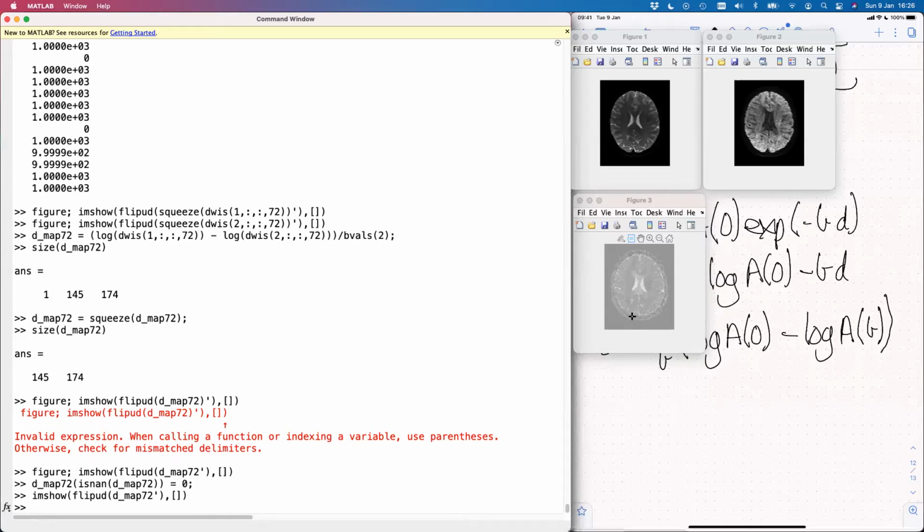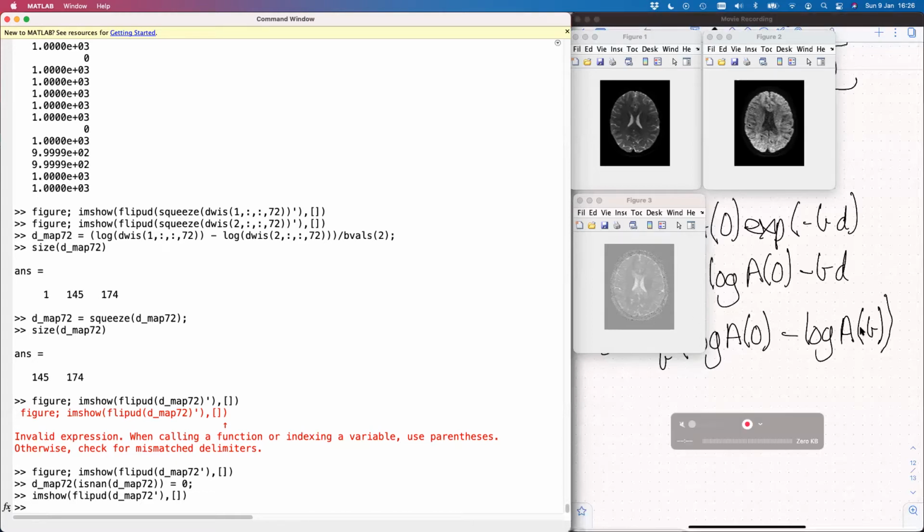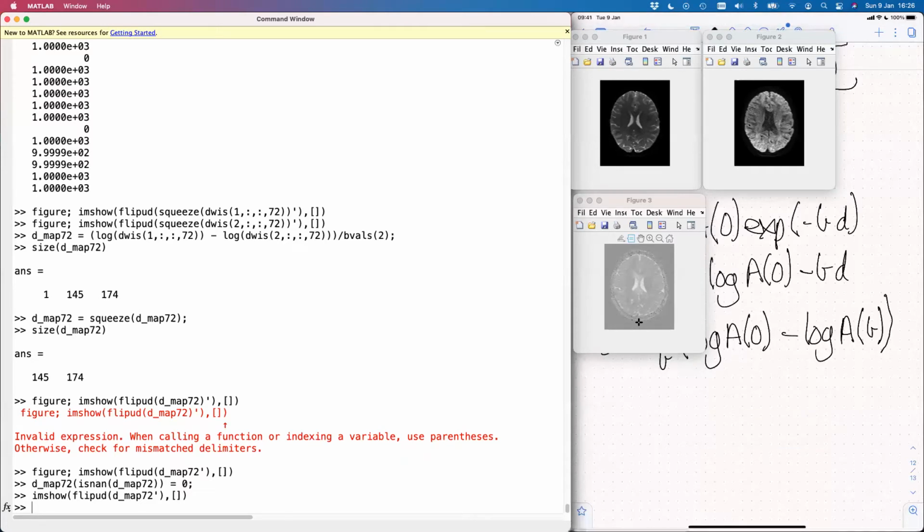And the reason for that is that in some of these noisy pixels around the edge, we can have diffusion weighted signals that are higher than the unweighted signals just through random noise, and that can cause a negative estimate of the diffusivity, which of course is physically impossible. So I'm also going to now remove all of the values of the diffusivity that are less than 0. So one more step.